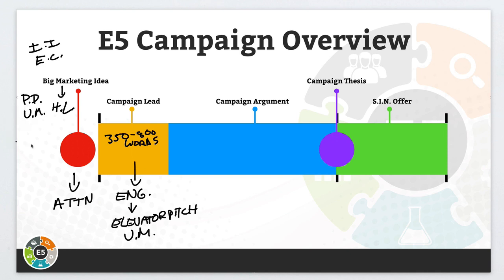I told you that the unique mechanism is the way that your product or service delivers the result, the reason why it is able to deliver the result that the prospect wants. And so in the first 350 to 800 words, your lead, all we're doing is teasing out the benefits of the unique mechanism. We're restating the unique mechanism and the primary promise, and then we're giving additional benefits.